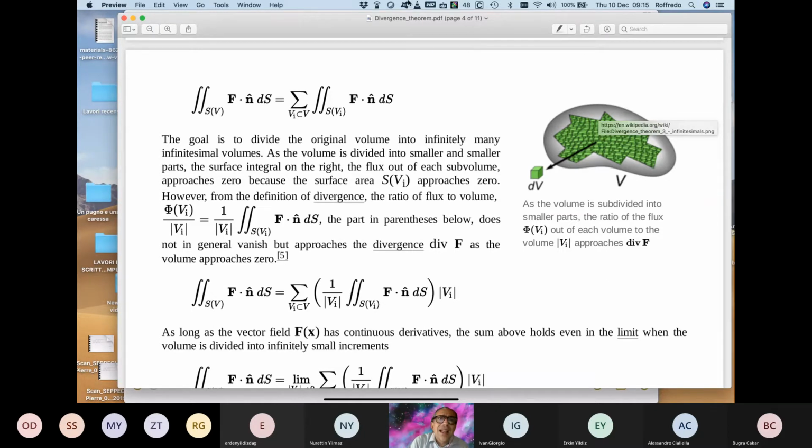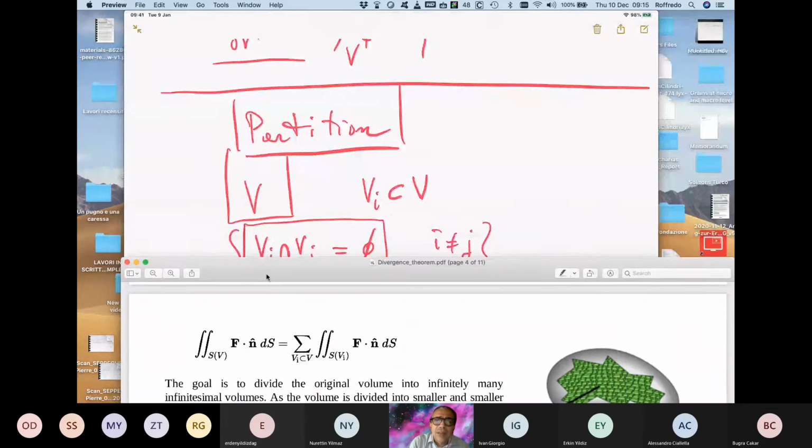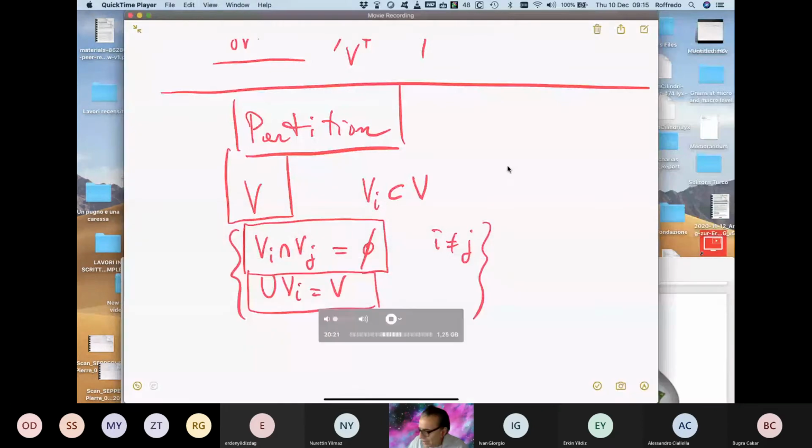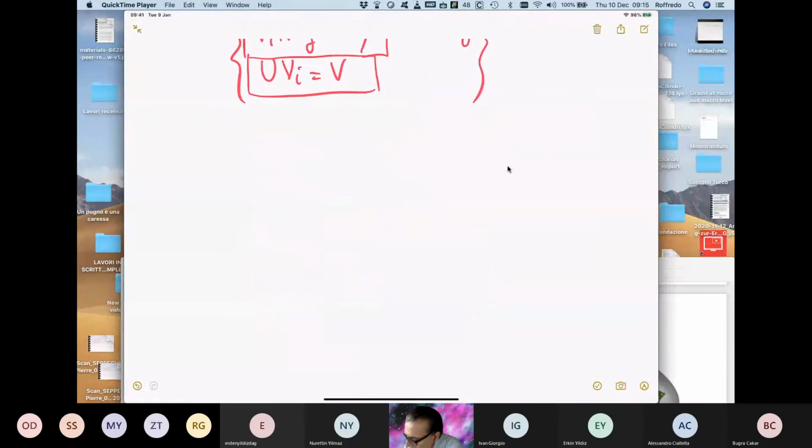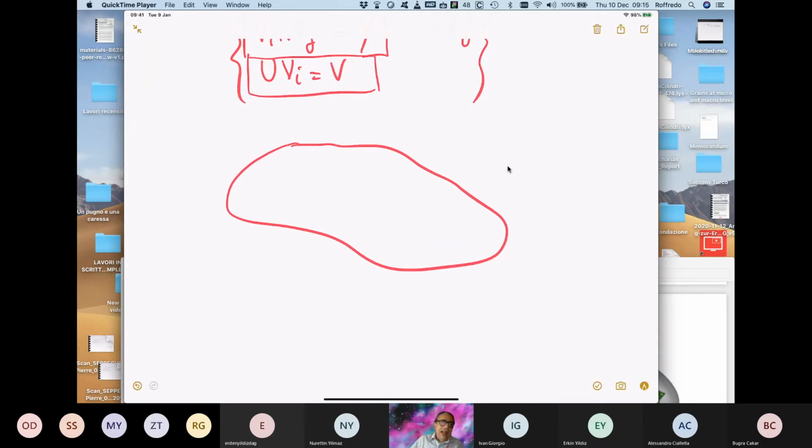So the idea, I will not go into too many details, but I must tell you this. And this is actually finite element theory. When you split this volume as union of cubes, of course, here you will have this part which is not included in your reasoning.